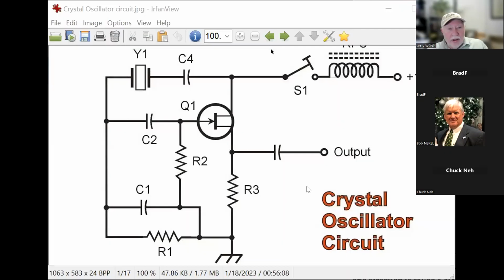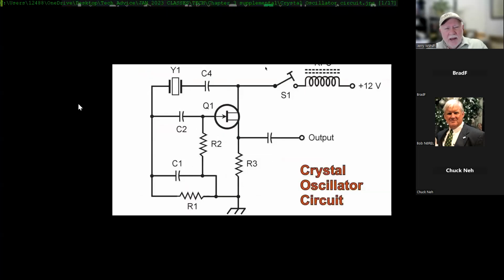Okay, this is something kind of cool. I'm not sure they're going to give you a crystal oscillator or crystal, but this is a small transmitter. And this is a crystal, usually made out of the quartz mineral.